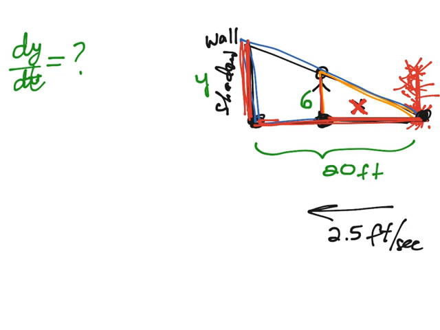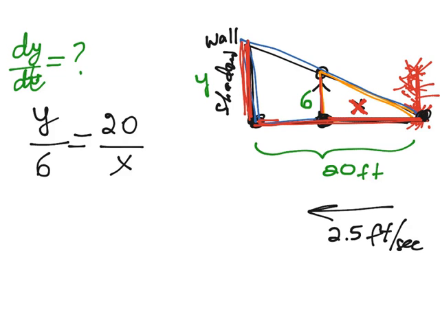So you need to make a proportion here, using these two triangles. It doesn't really matter where you start, but for some reason I always start with the large triangle. So y over what corresponds to y, 6, equals, back to the large triangle, 20 over what corresponds to 20, x.